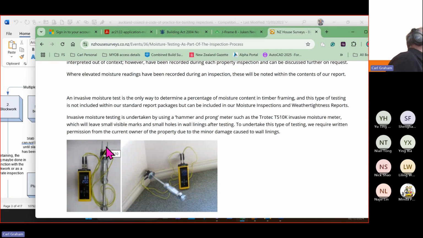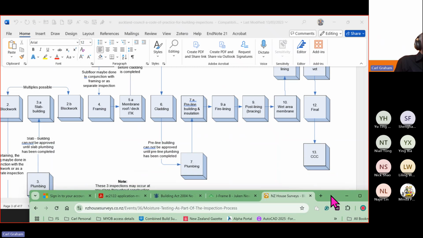But once it rains, it's wet, and then it'll dry real quick, right? So it'll only be a couple of mil in. So you're not going to get an accurate measurement, right? So the point being is that the hammer and prong is the one that we use to do the inspections. And so that's what we're doing at the pre-line. And we're checking the moisture. And does anybody know the right moisture content that we're supposed to have?